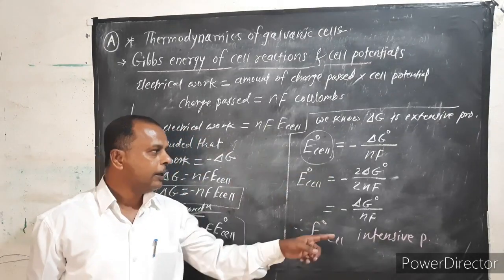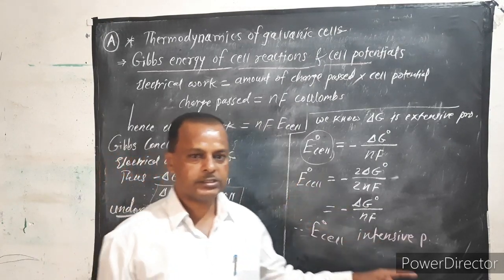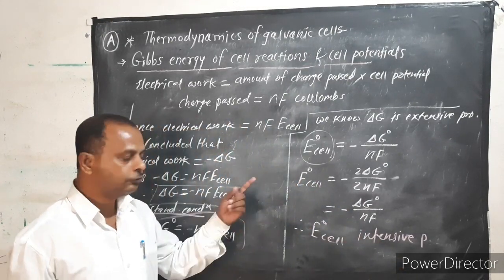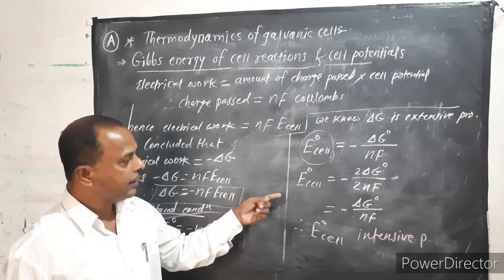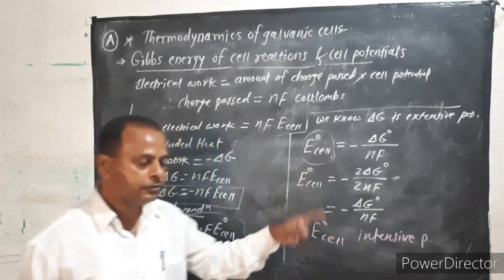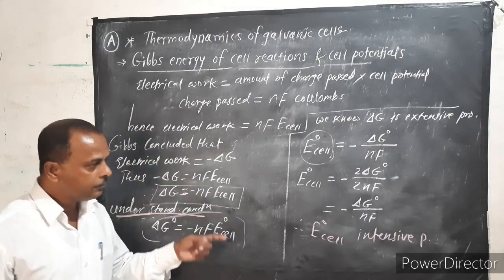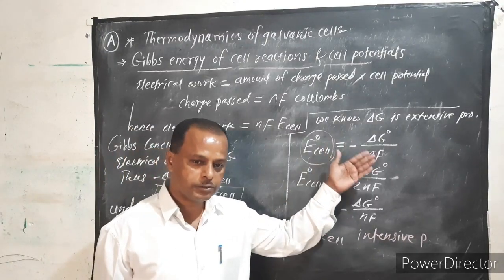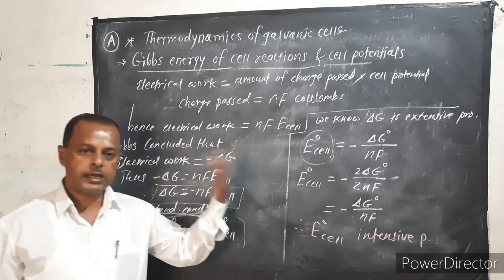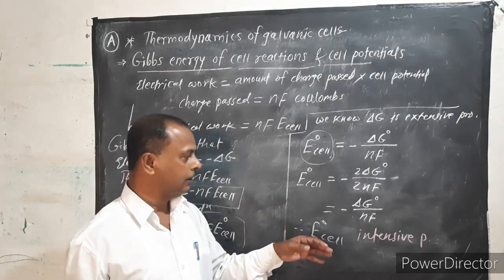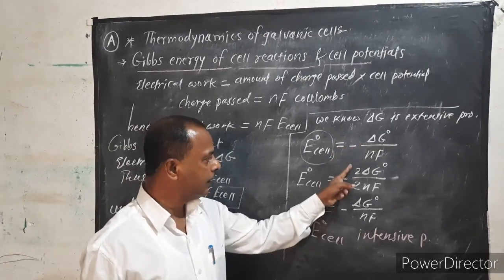Now if the stoichiometric equation of the redox reaction is multiplied by 2, then the amount of oxidized and reduced substance is doubled, and therefore delta G also doubles. The number of moles of electrons transferred in the galvanic cell also doubles, so you have to multiply n by 2.